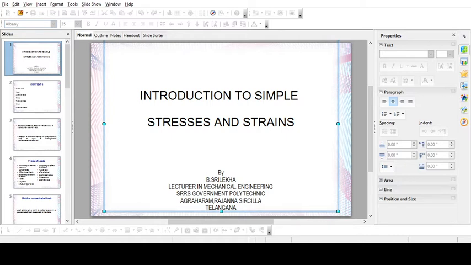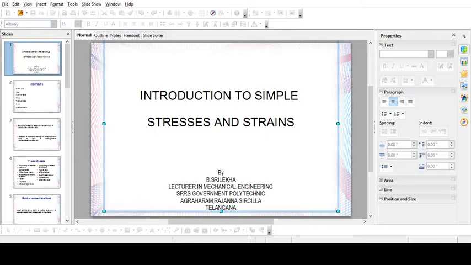Tensile load is something which will elongate the body, which will increase the length of the body. When the load tends to pull apart the particles of the material of the body, causing extension in the direction of load, it is called tensile load, and its corresponding stress is called tensile stress.